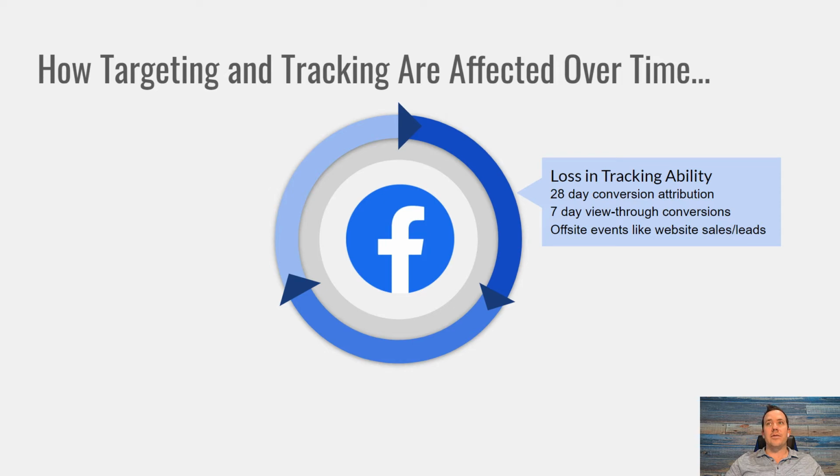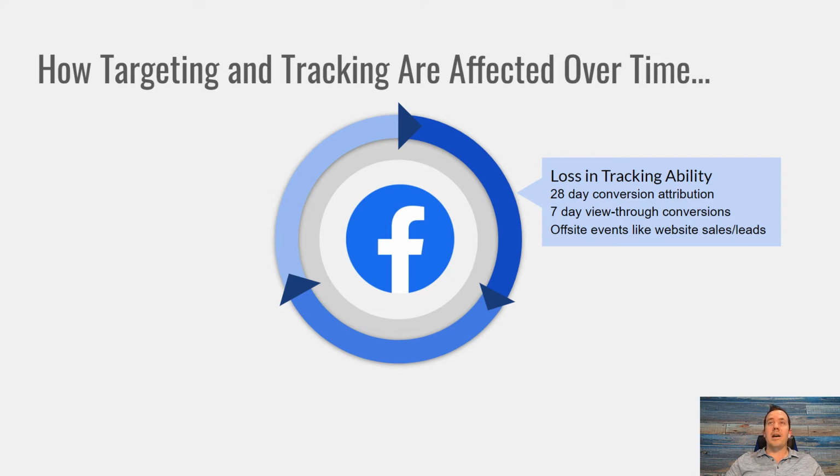So 7-day conversion windows and a 1-day view through window. Offsite events like website sales and leads, only if the user opts in. So we're only going to get a fraction of the conversion data back in Facebook from websites that we once got.